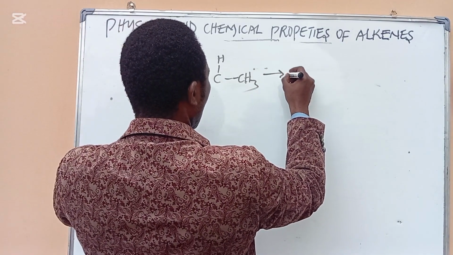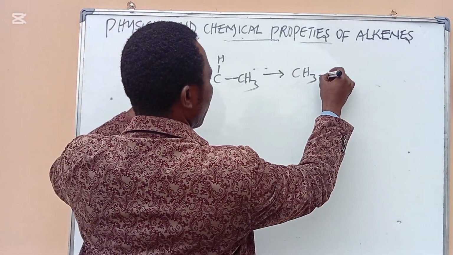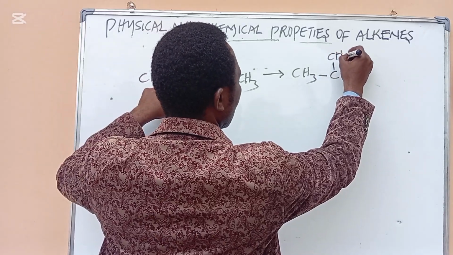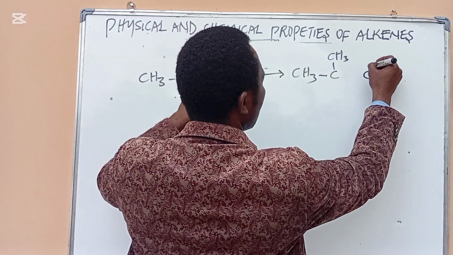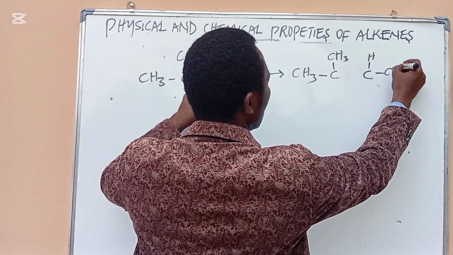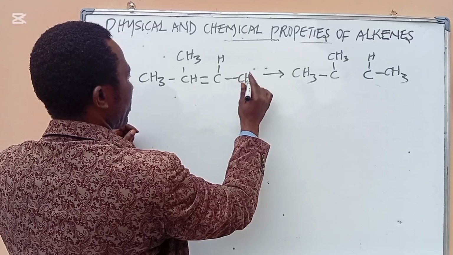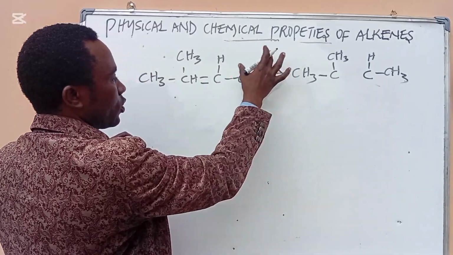Our ozonide becomes CH3. I have my C, then CH3. Remove the double bond. Start with the other carbon. You have your H, then CH3. Now, complete. Remember, plus ozone. We are adding ozone to this.